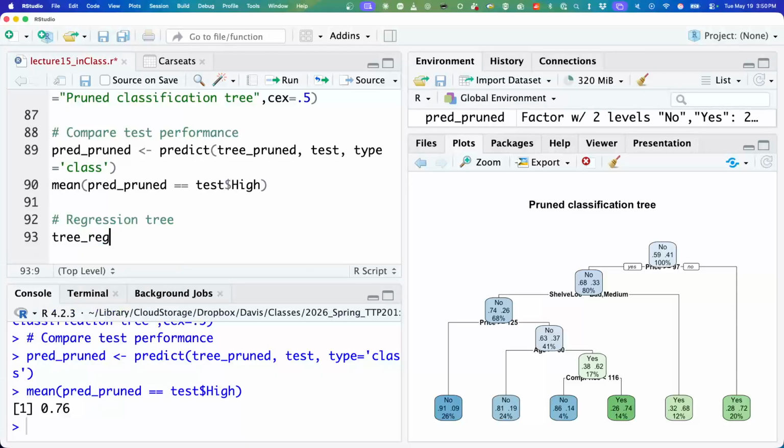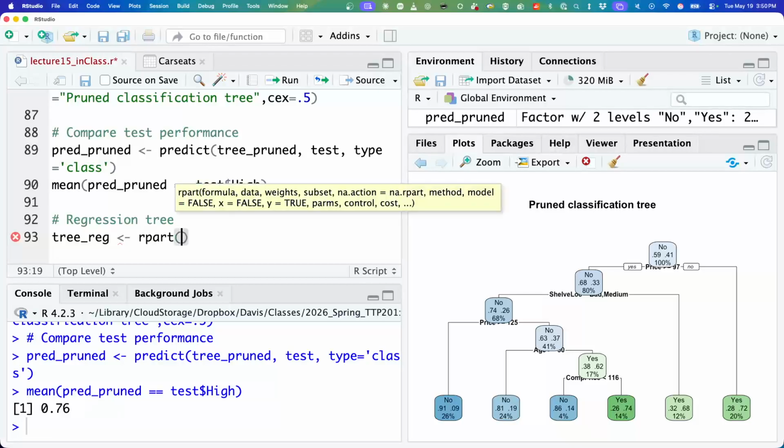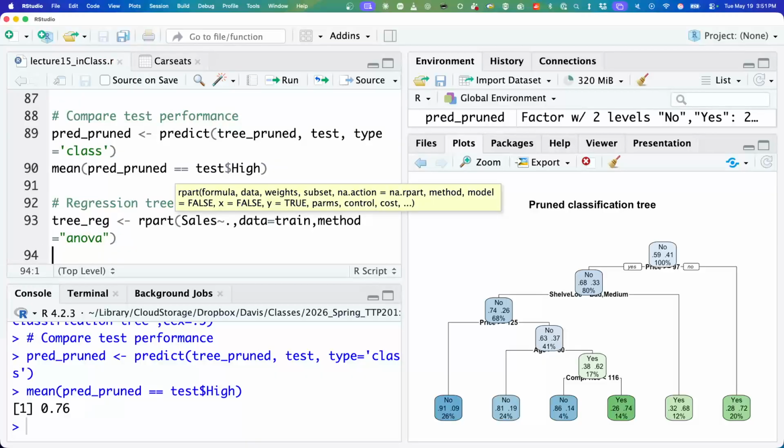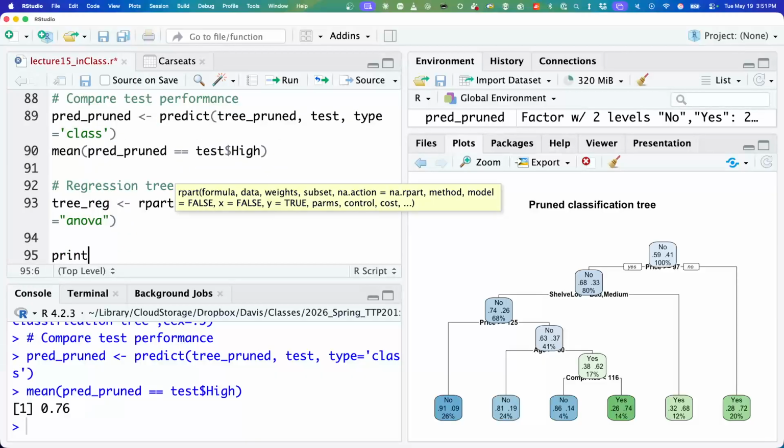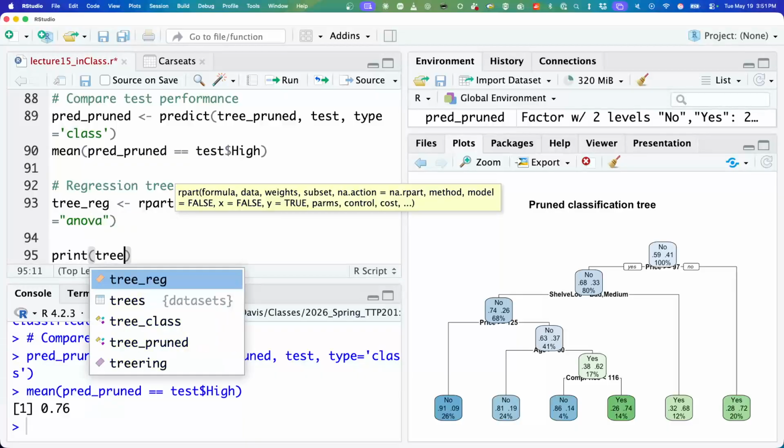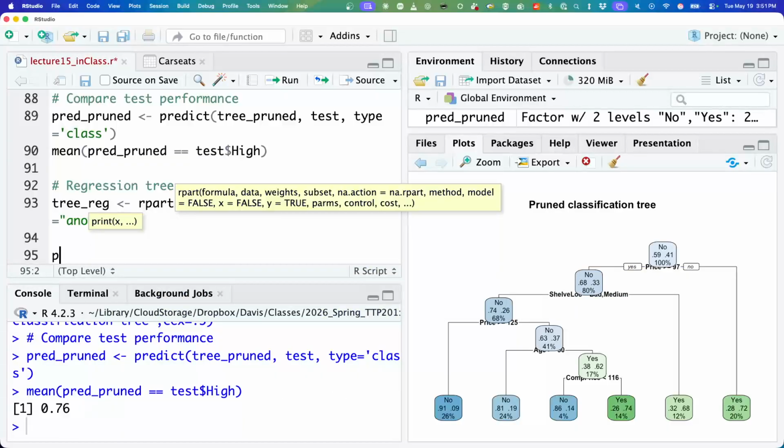So tree reg, rpart, we're just going to do sales regressed on everything, data equals train. And here we're going to use ANOVA for regression as opposed to classification. I'm going to skip the prints because I don't think that's very useful. We'll just plot it.